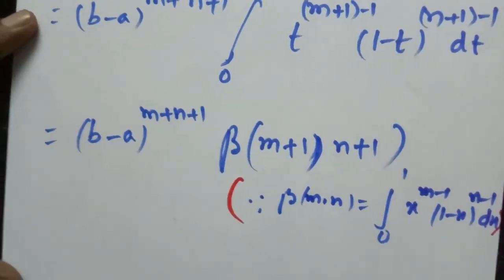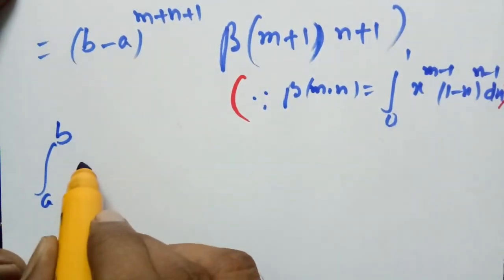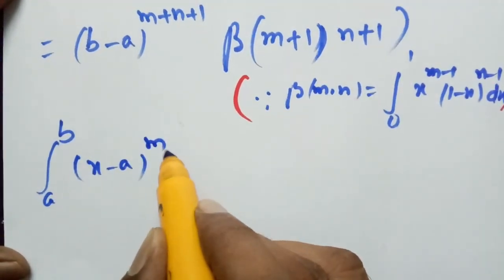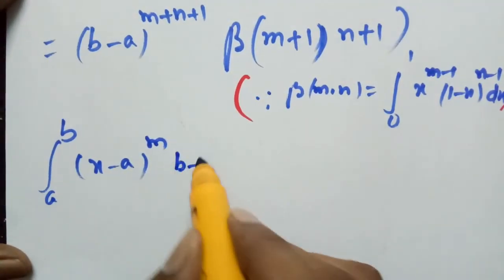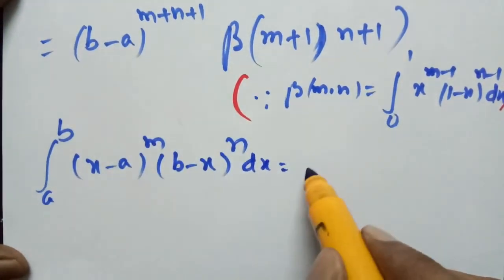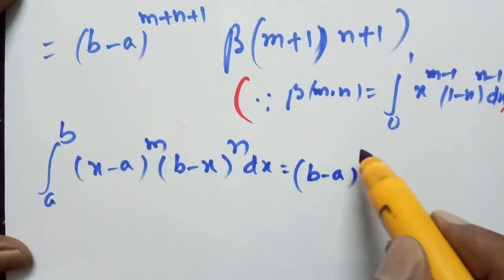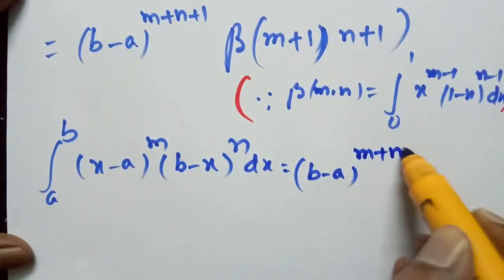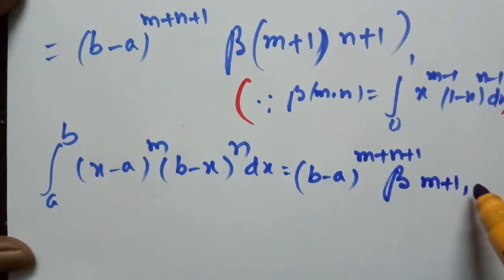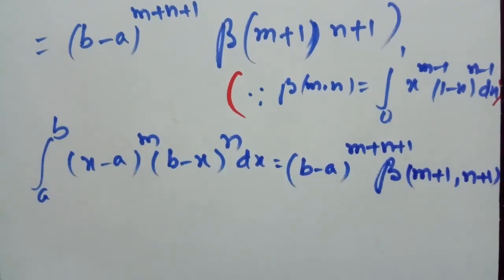Therefore integral of x minus a whole to the power of m into b minus x whole to the power of n into dx is equal to b minus a whole to the power of m plus n plus 1 into beta m plus 1 comma n plus 1. This is our required answer.